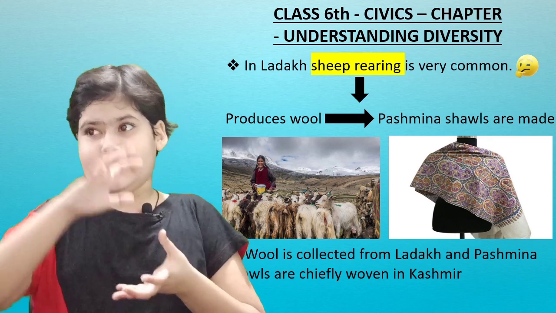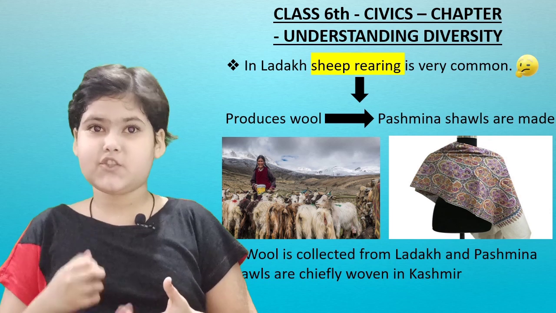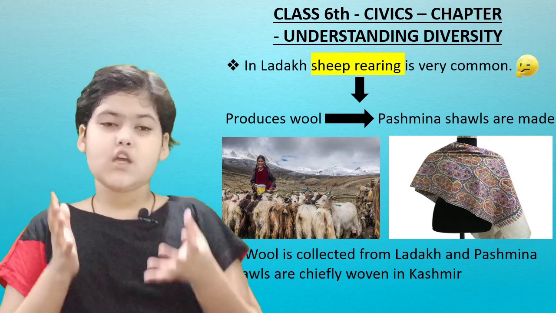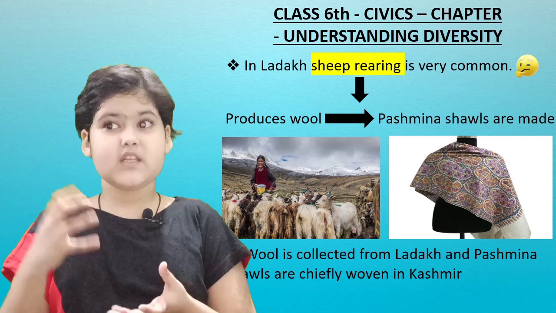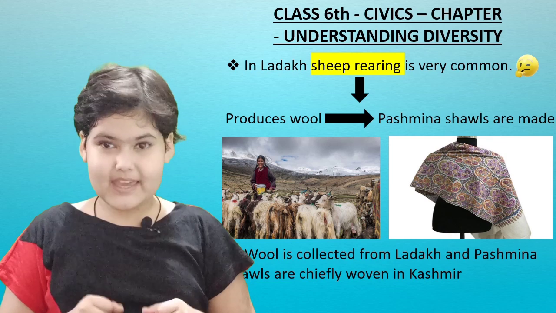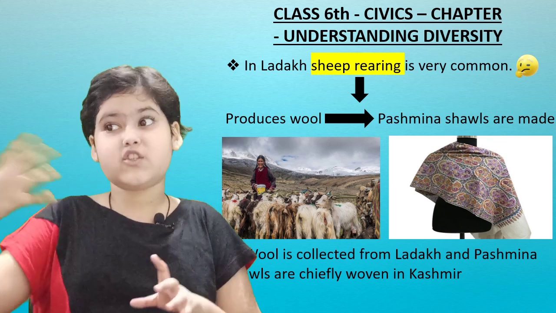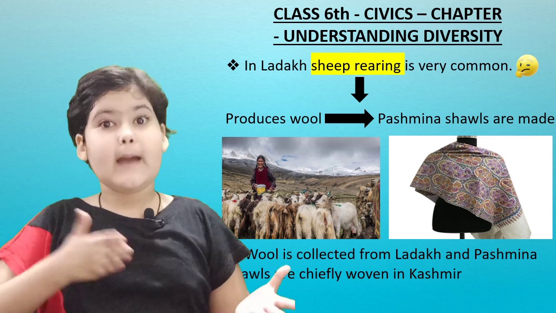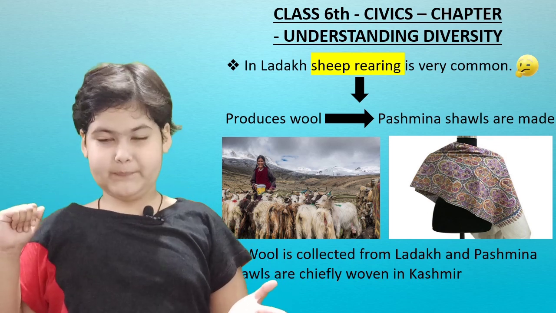So the families have their sheep, and they rear the sheep for their eating purpose. When they have sheep, those sheep produce what? Wool. Okay, so from that wool what is made? Pashmina shawls are made.